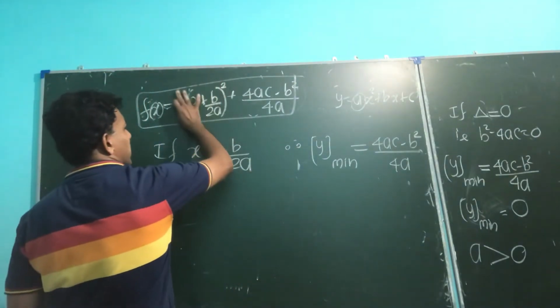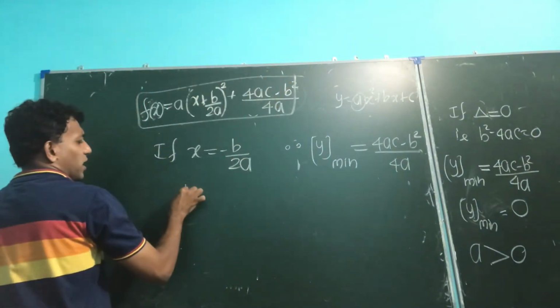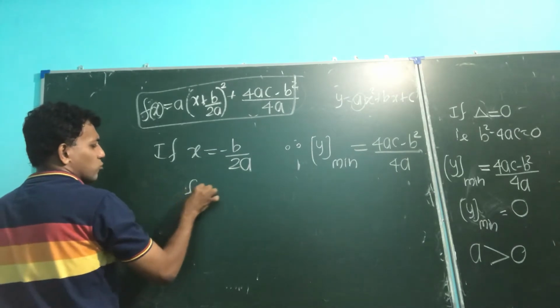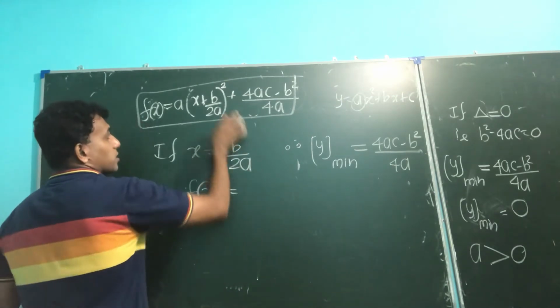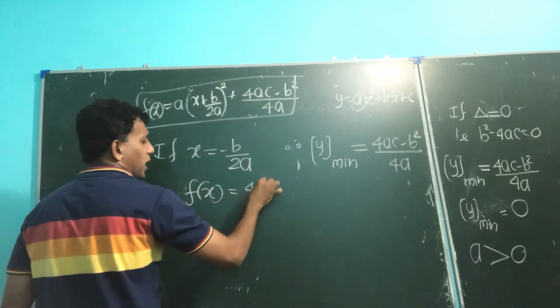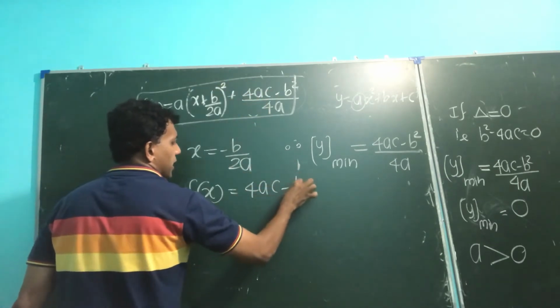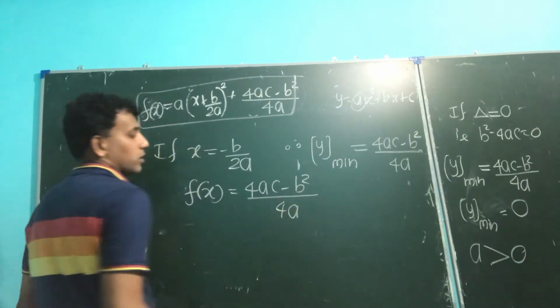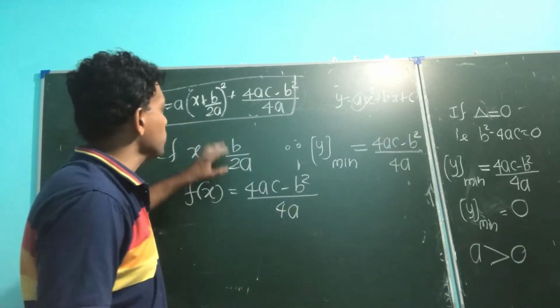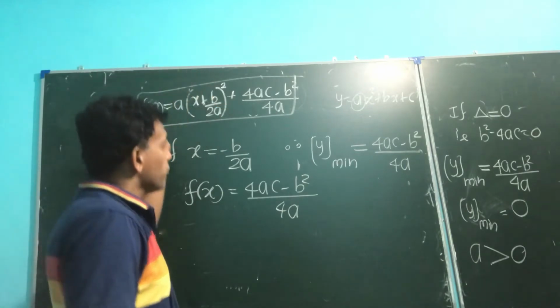This is 0, right? Y or f(x), let's say. Y or f(x), no problem. The answer is what? 4ac minus b squared over 4a. If x equals minus b over 2a, f(x) equals that.